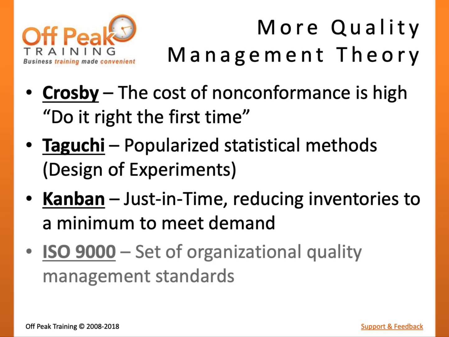Finally, it is important to know that the International Standards Organization publishes a series of standards that focuses on organizational quality management. The 9000 series, or ISO 9000, has heavily influenced our body of knowledge for project quality management.